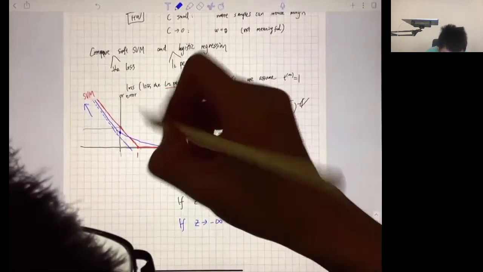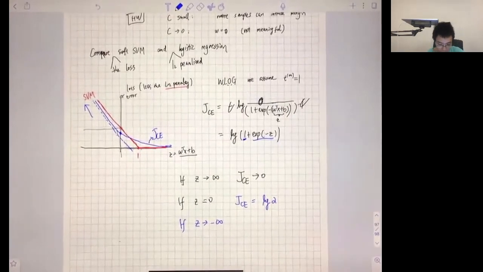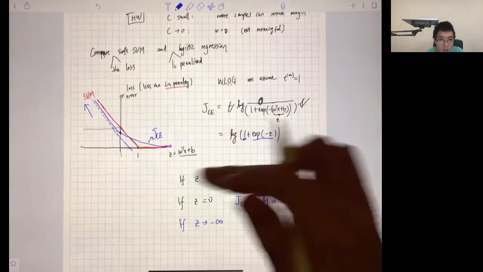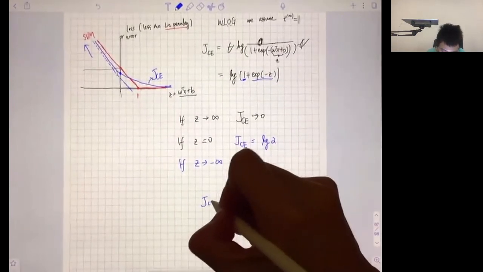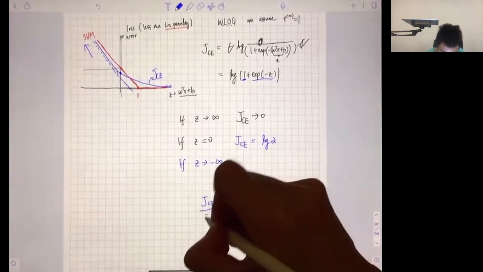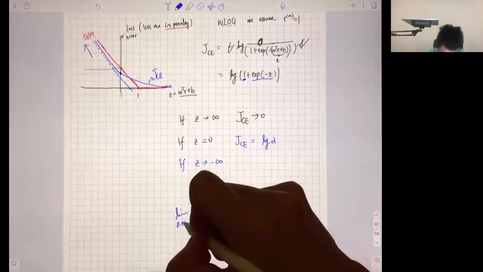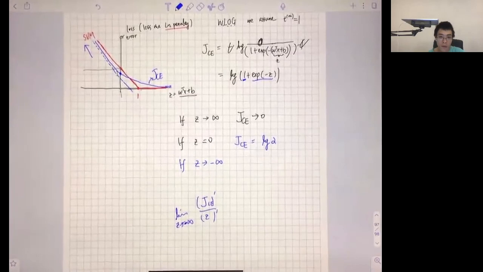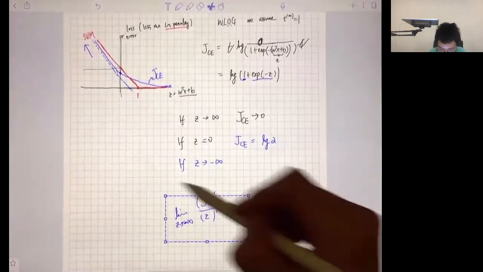This blue curve is the cross entropy loss. This is just a rough thinking of why it increases linearly. Otherwise, you can consider the cross entropy loss divided by z as z goes to minus infinity, and use the L'Hopital rule to compute the ratio. But roughly speaking, it's just linear and it's obvious.